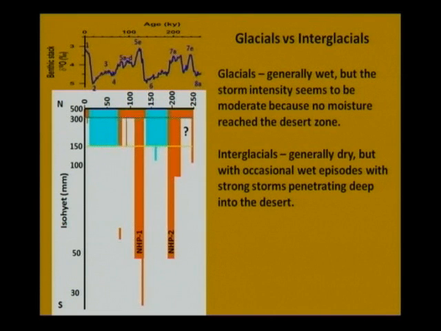Our preliminary conclusion is that glacials were generally wet, but the storm intensity seems to have been moderate because no moisture reached the desert zone. It's only semi-desert wet. And the interglacials were generally dry, but with occasional wet episodes with strong storms penetrating deep into the desert.